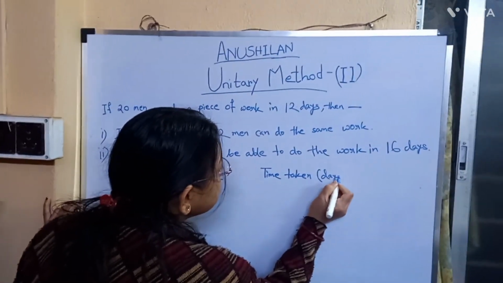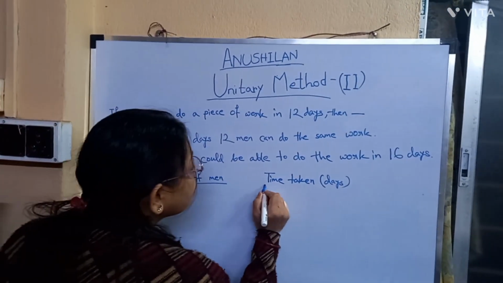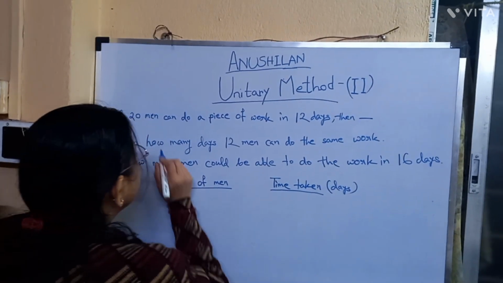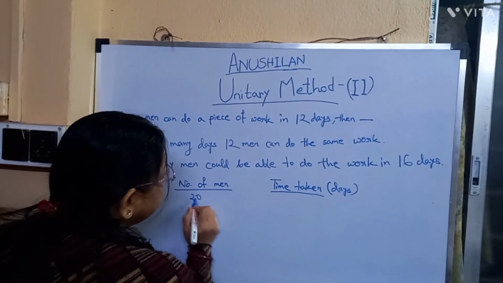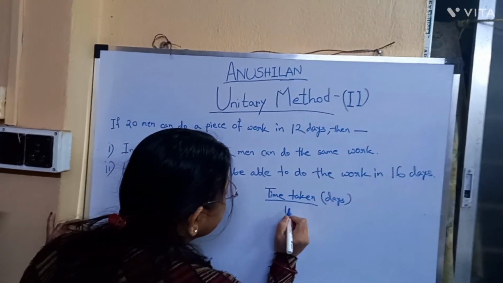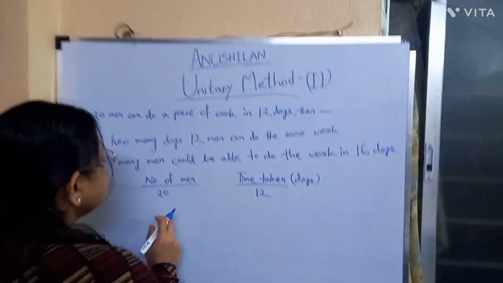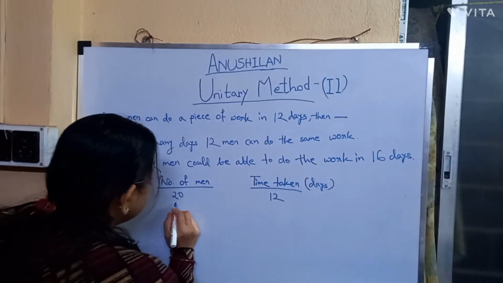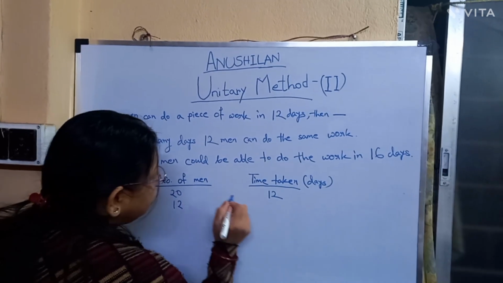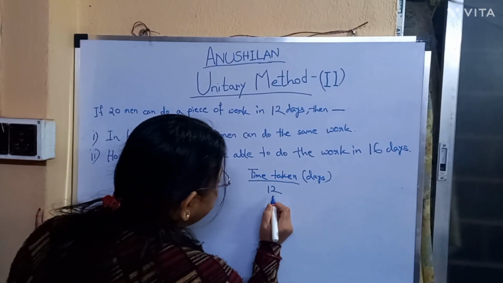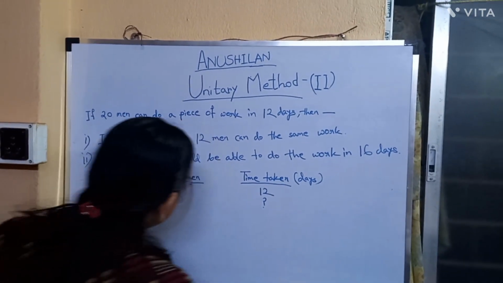The unit is in days. Number of men is given as 20 men, time taken 12 days. In the first question, 12 men can finish the work in how many days? I have to calculate it.